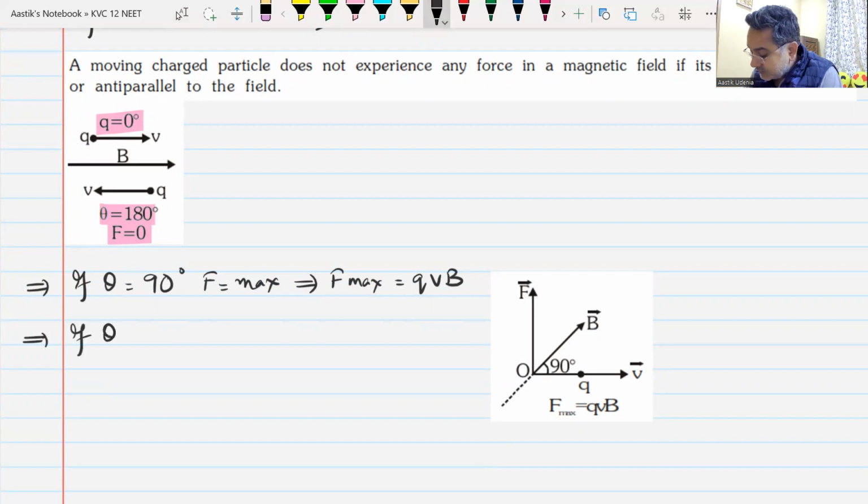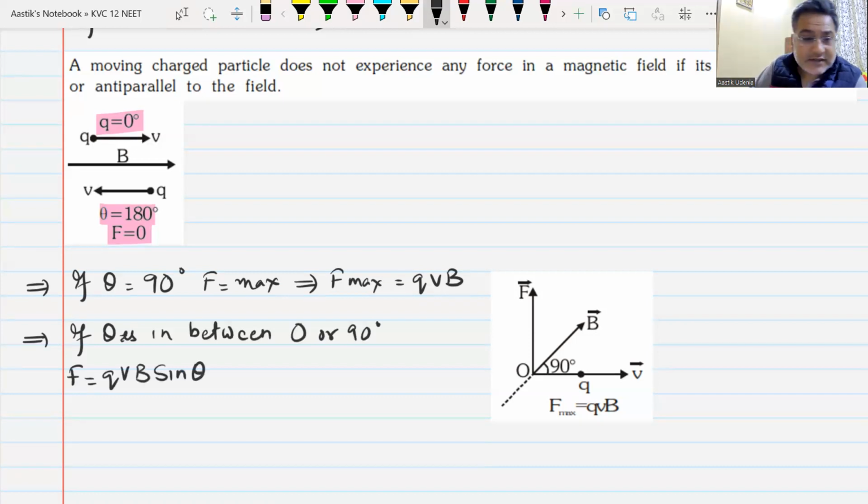If the angle theta is not 0 or 90, if theta is in between 0 and 90, then the force becomes QVB sine theta. Do we understand this? Yes or no?